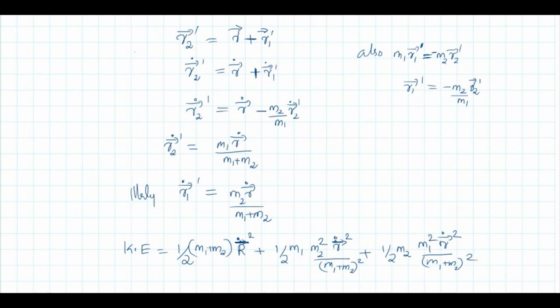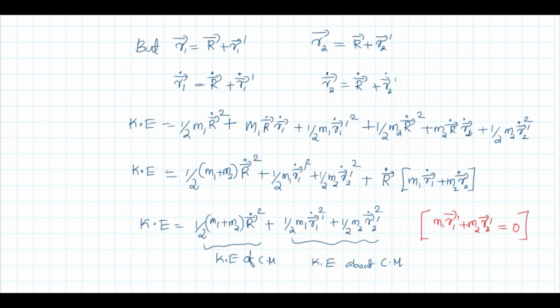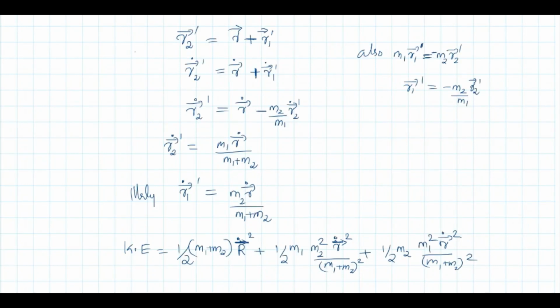Then we will get kinetic energy equal to half m1 plus m2 vector R dot square plus half m1 into r1 prime dot square, that will be m2 square r dot square divided by m1 plus m2 whole square. Similarly, the last term is half m2 into m1 square vector r dot square divided by m1 plus m2 square. From the last two terms, I can take half m1 m2 r dot square by m1 plus m2 whole square outside.